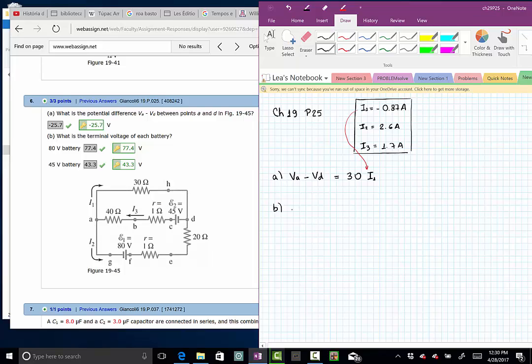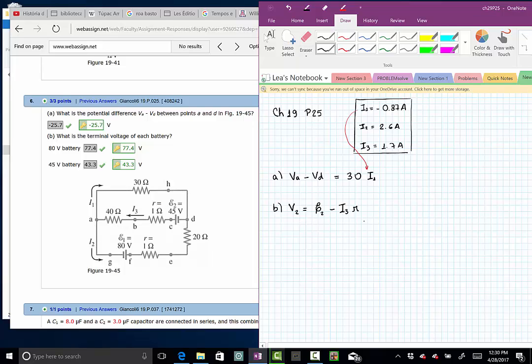The voltage for that battery, which I'll call battery 2, is equal to the EMF 2 minus I3 R, where this R is just 1. I have I3, we have the EMF 2, we have the resistance, so you're going to get V2.